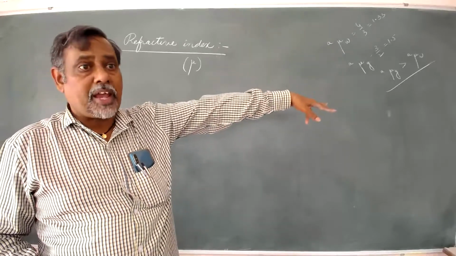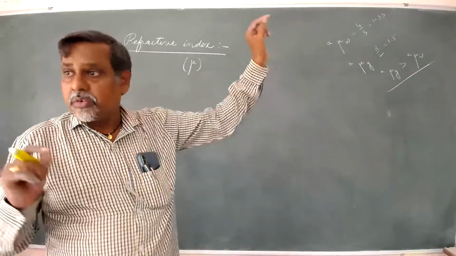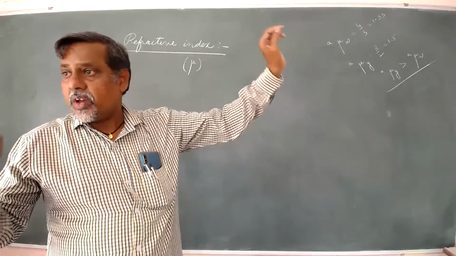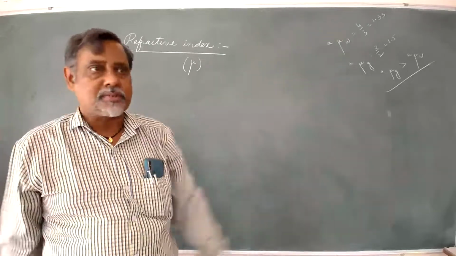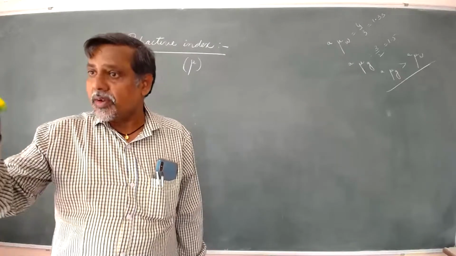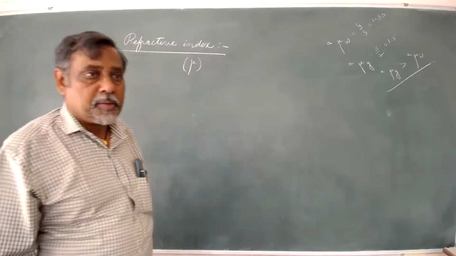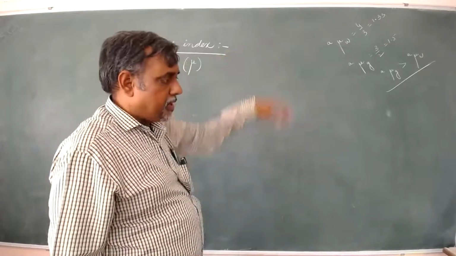Try to understand my language. Therefore, when you send a light ray with equal angles of incidence through water and through glass, through glass, bending will be more. Through water, bending will be less. That's what we have to keep in mind. So this is something about the refractive index concept.